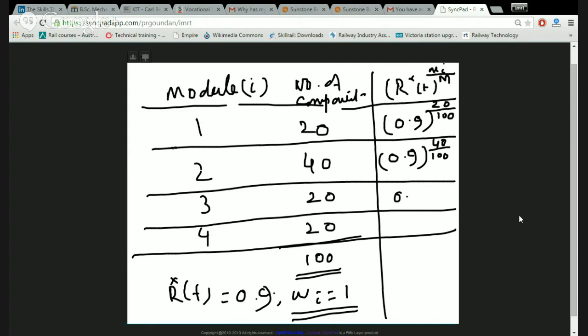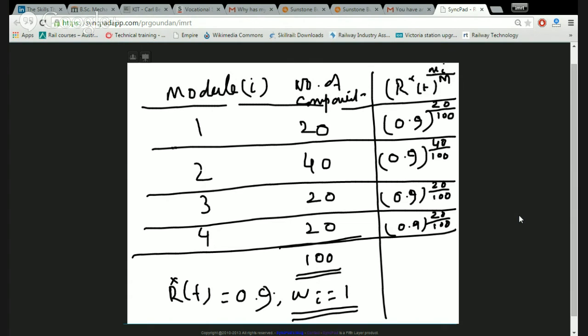This will be 0.9 to the power of 20 components divided by 100. This is 0.9 to the power of 20 divided by 100. It's a basic simple assumption here because Wi is 1. So if you put Wi as 1 there, you will get the same equation. So it is only distributed proportional to the number of components.